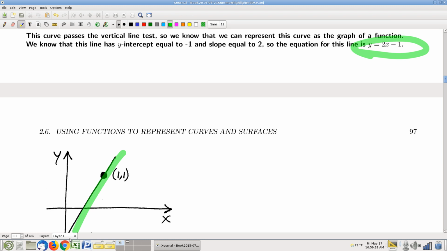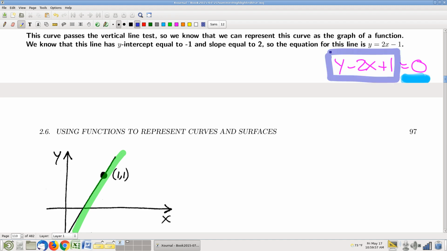But keep in mind that equation is morally equivalent to y minus 2x plus 1 equals 0. Now, my writing is not, let me try that again. There we go. And here, notice, we have in fact a level set, because I've set something equal to a constant. I have a level set of that function.